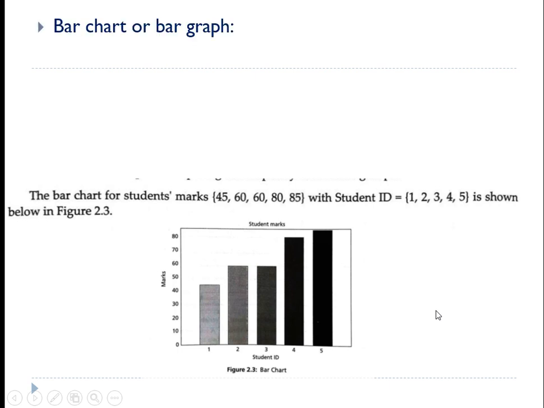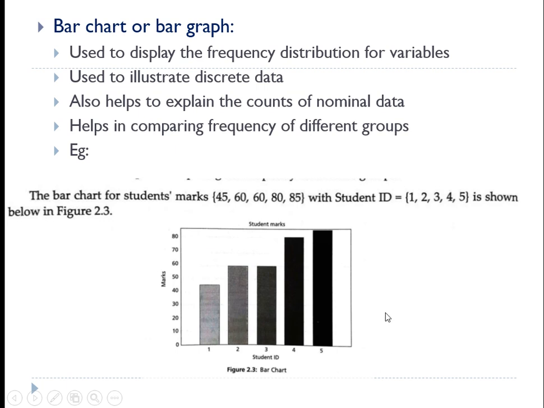Let's first see the first univariate plot, that is the bar chart or the bar graph. A bar graph is used to display the frequency distribution of the variables. It will help us to illustrate discrete data. So whenever you want to see the frequency distribution of the variables, choosing a bar chart is very important. Why are we discussing all this in machine learning?